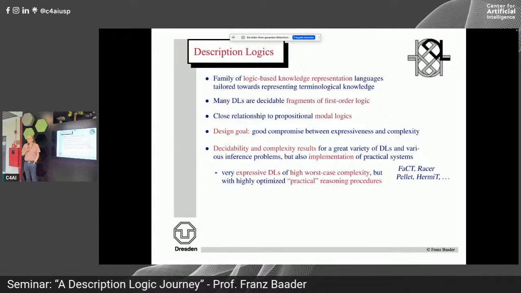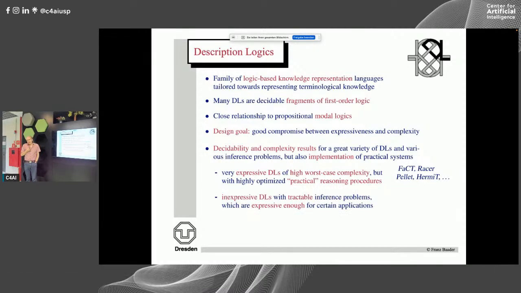Here's some other names. But there are also inexpressive description logics where reasoning is much faster and which are still enough for certain applications. And for those, there's also a few names of systems here. For those, you have much faster reasoning.